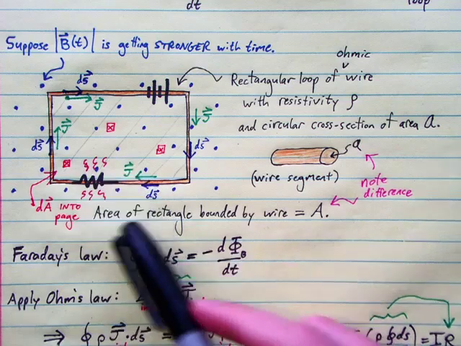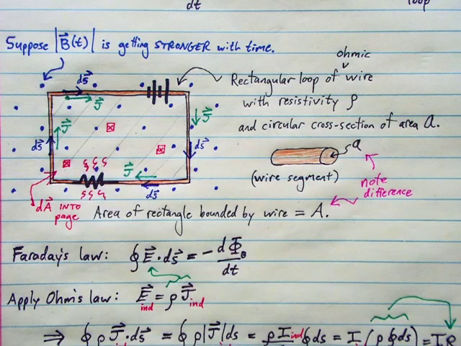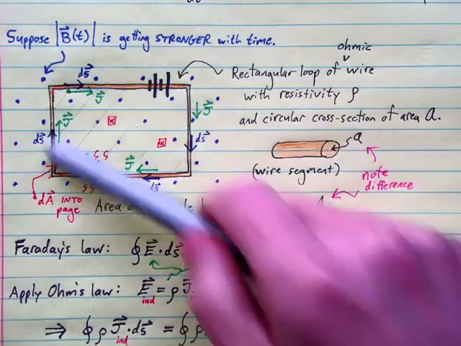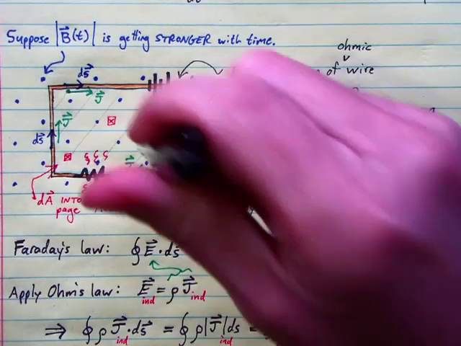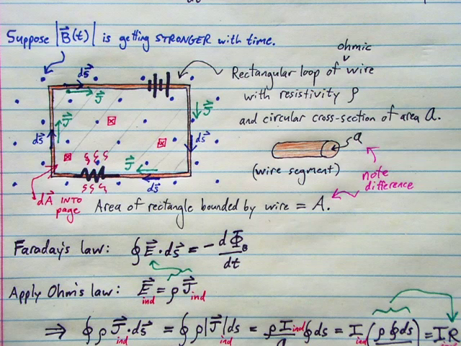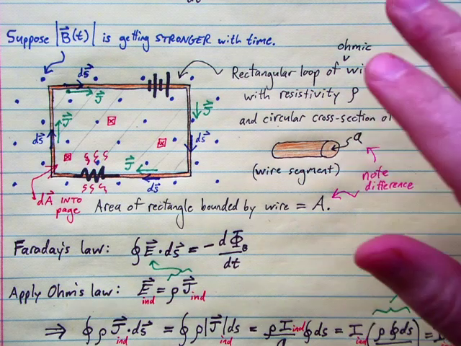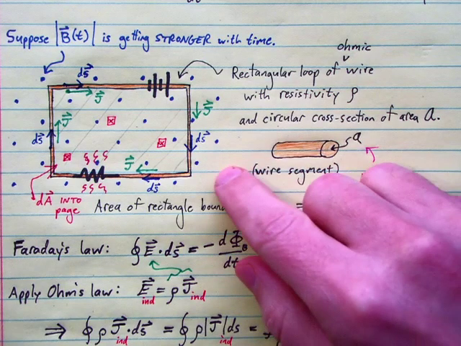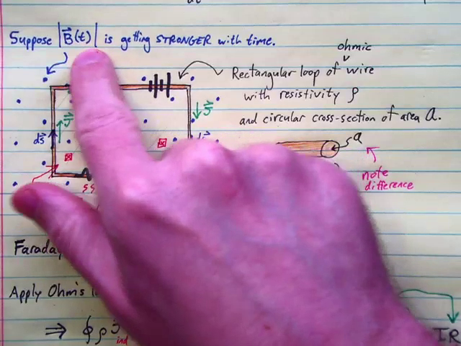So where's that thermal energy coming from? It must be being delivered to our wire by whatever is changing this B field in the first place. So somewhere off the screen, there's some system controlling this B field, making the B field get stronger.